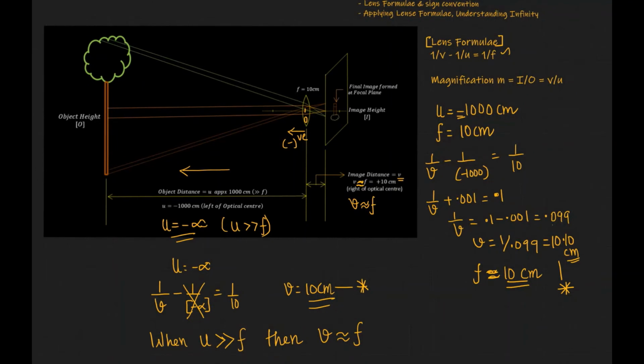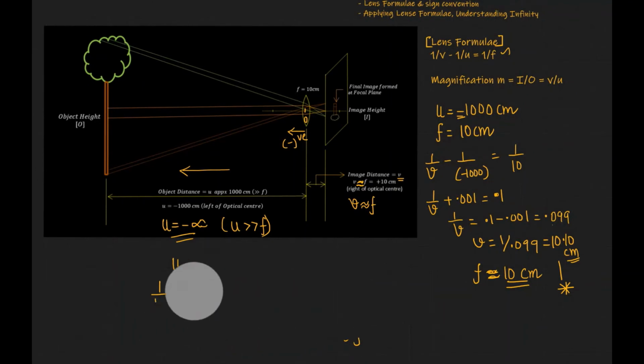Now let's understand the idea behind magnification. So the magnification M is given by the image height divided by the object height, and it is equal to your V by U. So in this particular case, our magnification is equal to V is 10.1 divided by U is, let's say it is minus 1000.